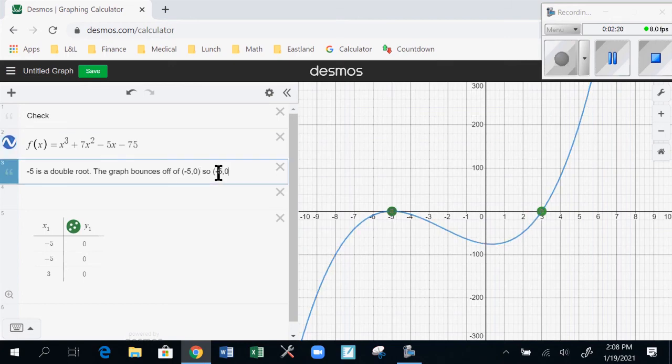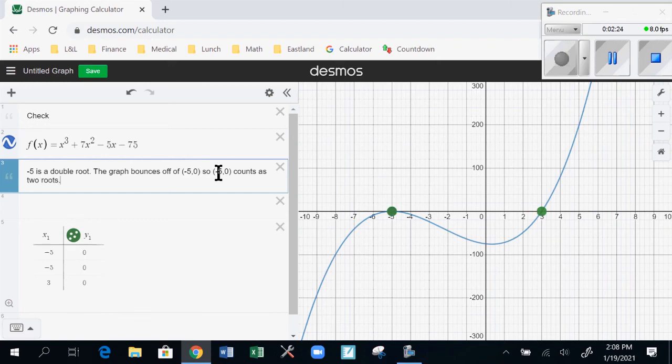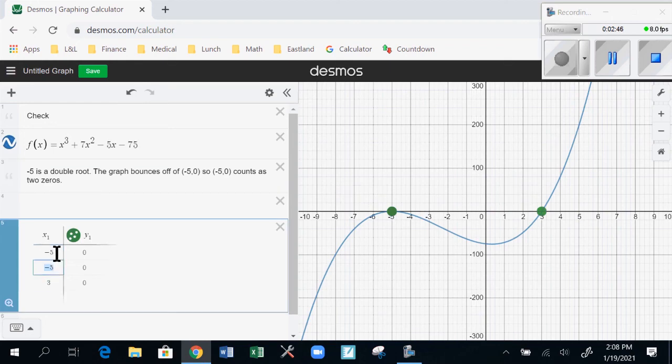So -5 comma 0 counts as 2 roots, or 2 zeros. Even though in a graph you could say, wait, it only touched the -5 once, you're actually supposed to count this twice. So this zero counts twice. It shows up as -5 and -5, and then this zero only counts once, it shows up as 3. So the original problem was zeros of -5, -5, and 3.